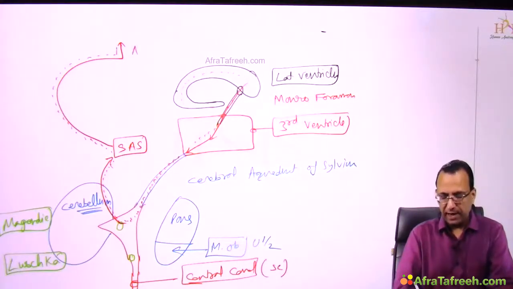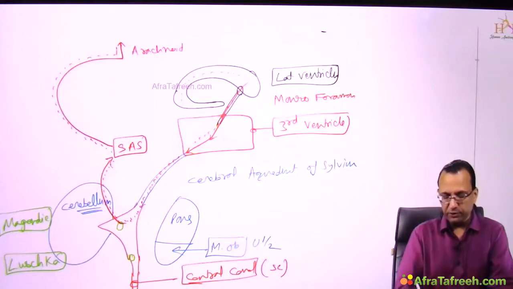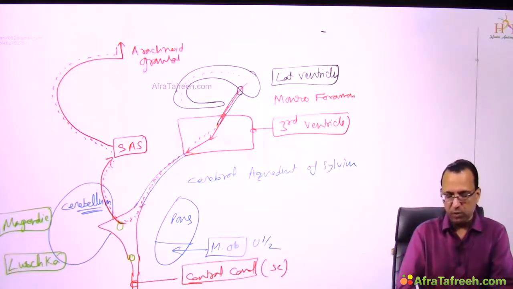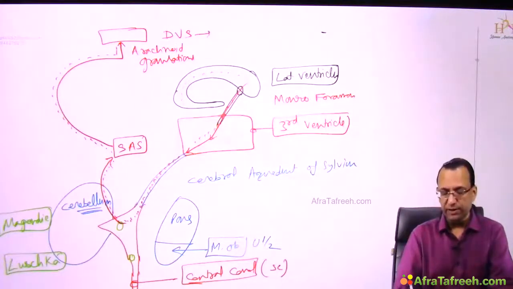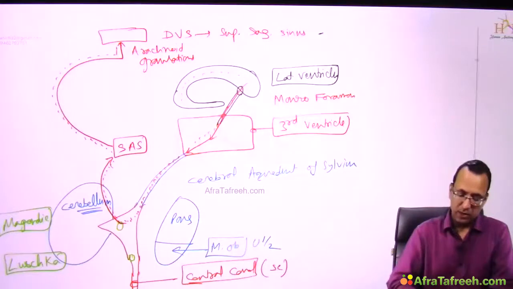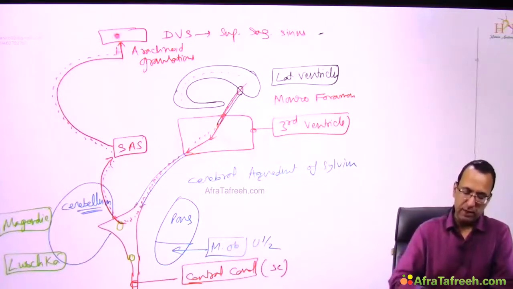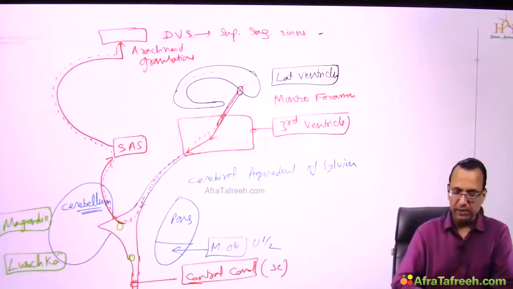As it is absorbed by the arachnoid granulations, where is it going? From there it is going to enter the dural venous sinus. What is that called here? It is the superior sagittal sinus. So ultimately the CSF will be absorbed by arachnoid granulation into the dural venous sinus, which is the superior sagittal sinus.